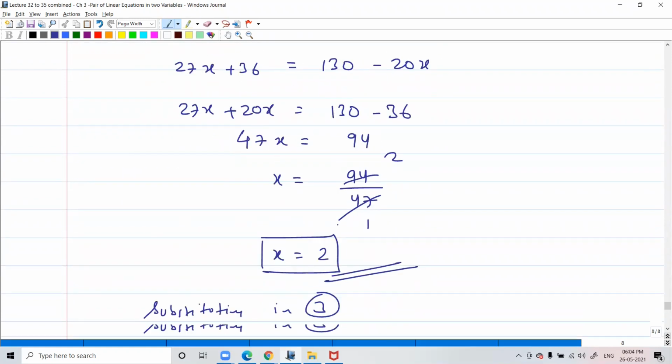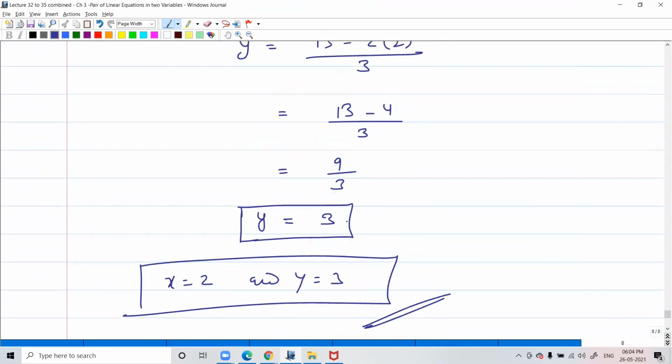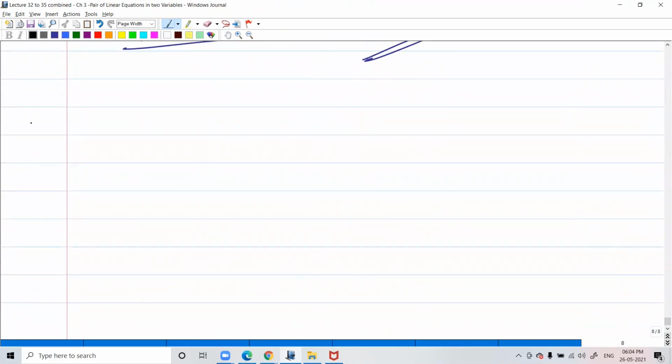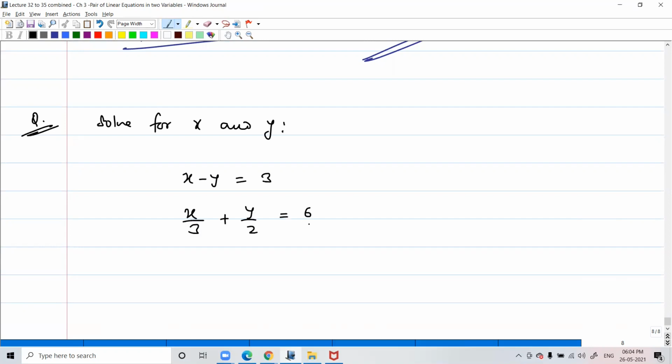Okay, so let me give you some questions. And this time you have freedom. You can choose whatever method you like. So solve this by whatever method you think will be the best. Elimination or substitution, whichever method you want.